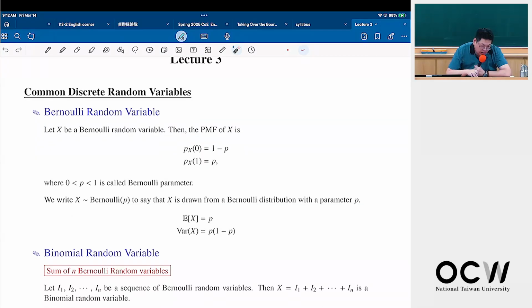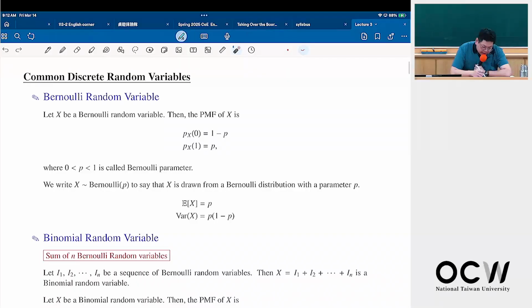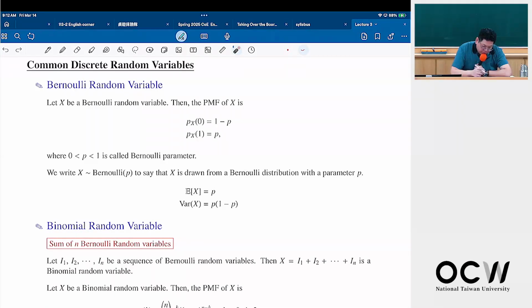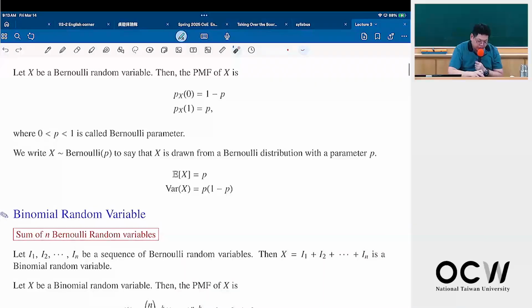Based on the Bernoulli random variable, the next one is called binomial. You can think of a binomial random variable as the sum of n Bernoulli random variables. Here I have I1 to In, a sequence of Bernoulli random variables.